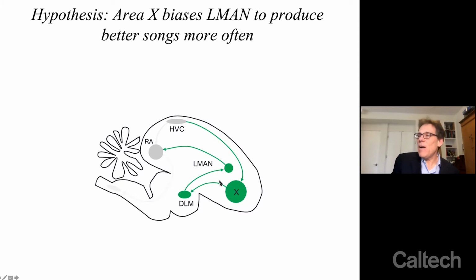So of course now, once Area X has figured that out, Area X can in principle bias L-man activity through this thalamocortical loop to produce good variations more often and the bad variations less often. Now, because L-man is then in turn biasing the motor pathway to produce patterns of activity that lead to a better song, those good patterns can be implemented into the motor circuit by a simple Hebbian learning rule.